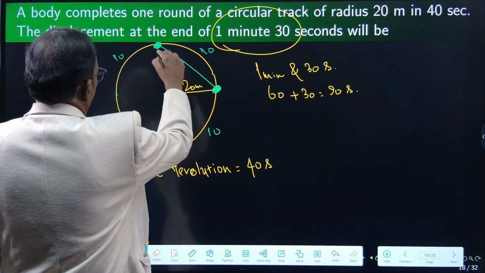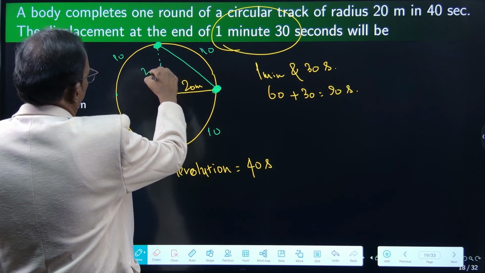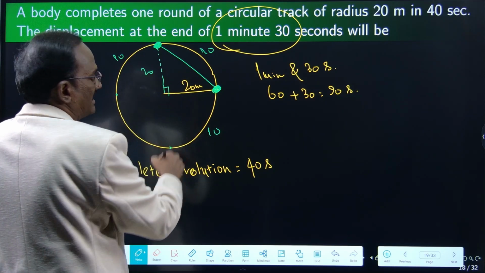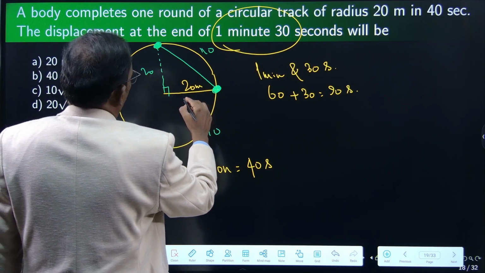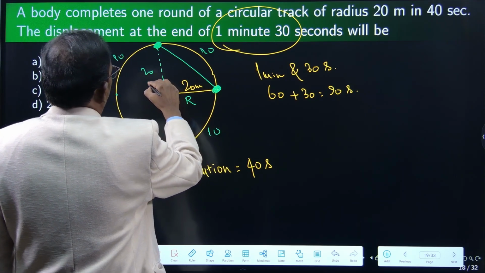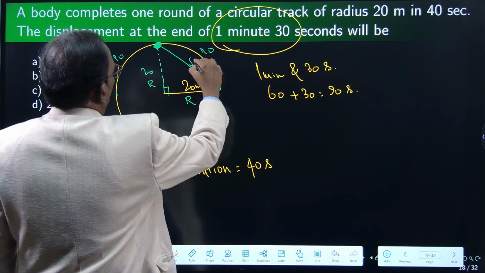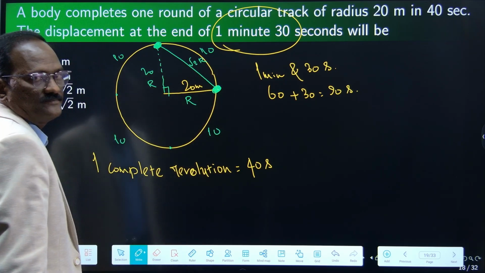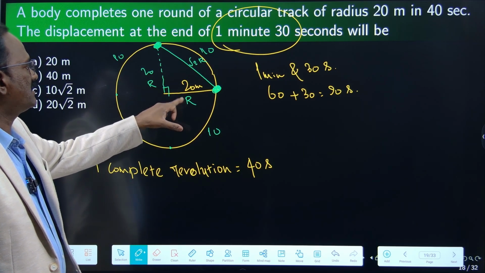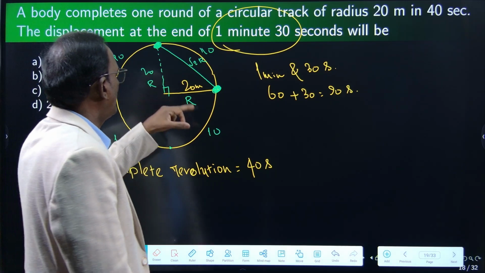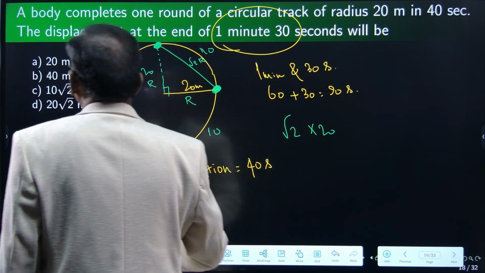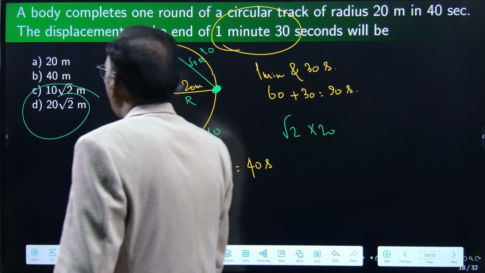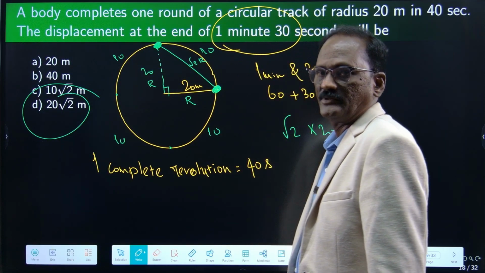So this is also 20, this is 20, a 90 degree angle, so this is the radius. Let me write it as r. This is r, so this will be root 2 r by Pythagoras theorem. R is equal to 20, so root 2 into 20 will be the answer. 20 root 2, option C is the answer.